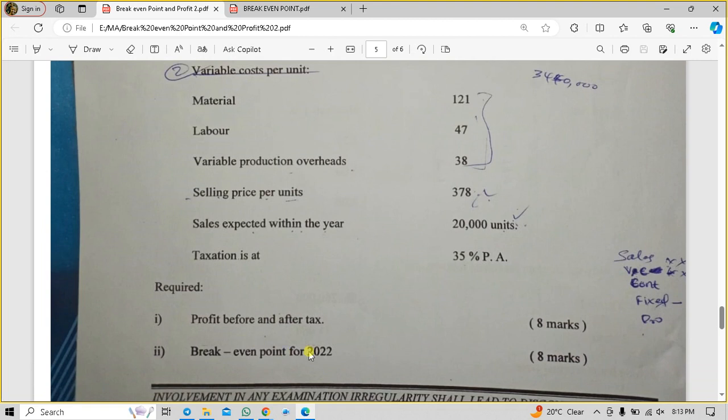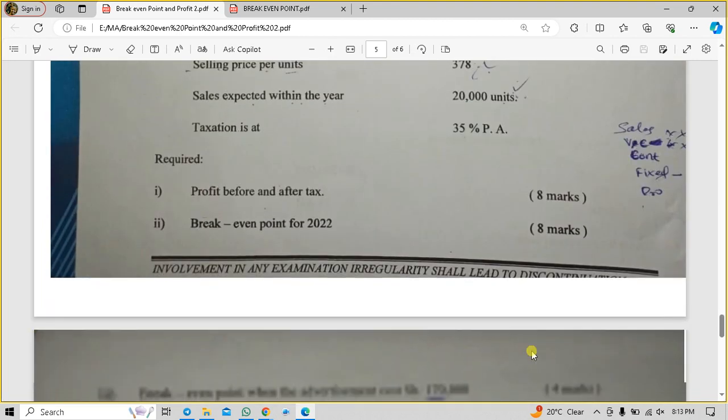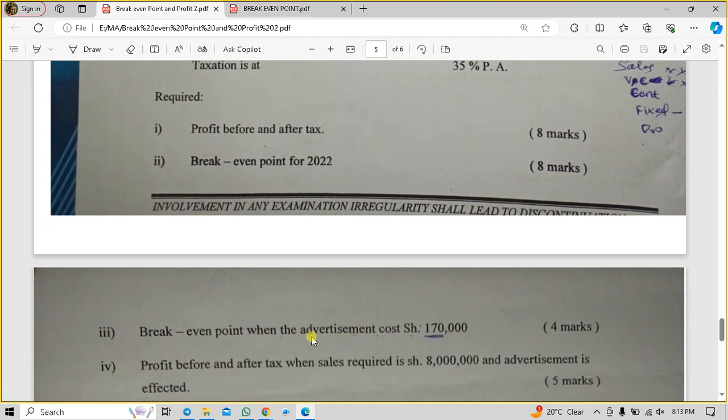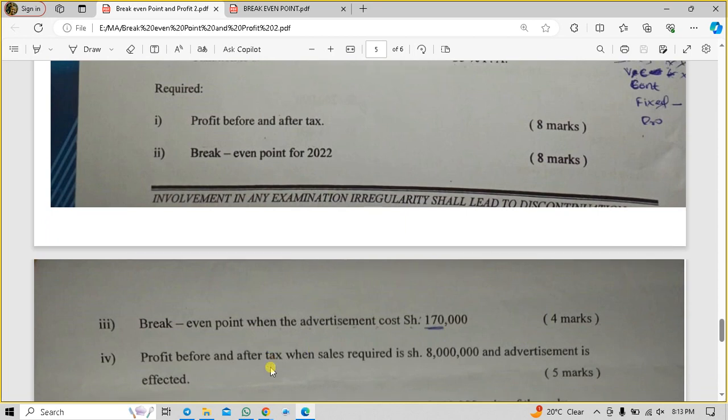Break even point for 2022, 8 marks. Break even point when the advertisement cost is 170,000. We'll discuss this. So advertisement cost 170,000. Then profit before and after tax when sales required is 8 million and advertisement is expected.